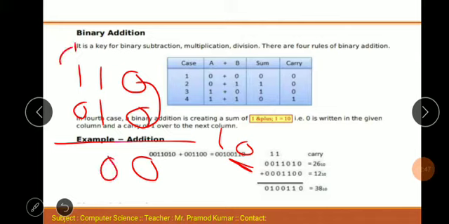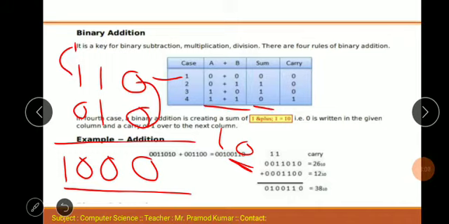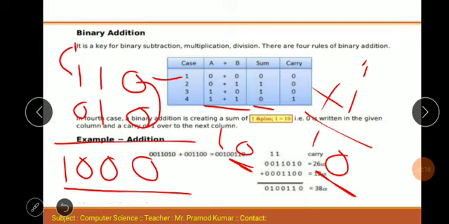Then 1 plus 1, 10. It means you follow these rules: 0 plus 0, 0. 0 plus 1, 1. 1 plus 0, 1. And 1 plus 1, 10. You write 0 and 1 is carry forward.